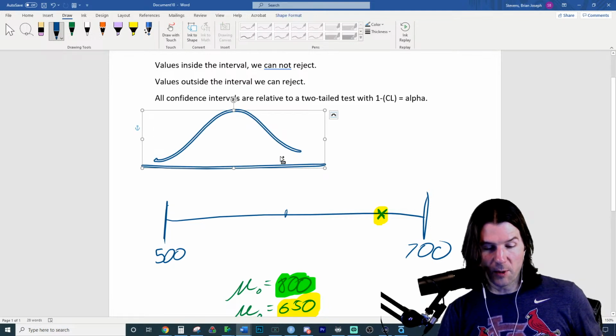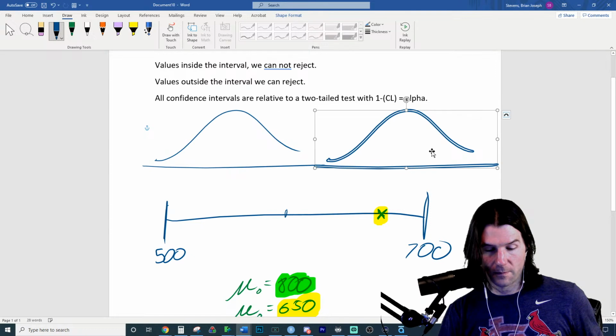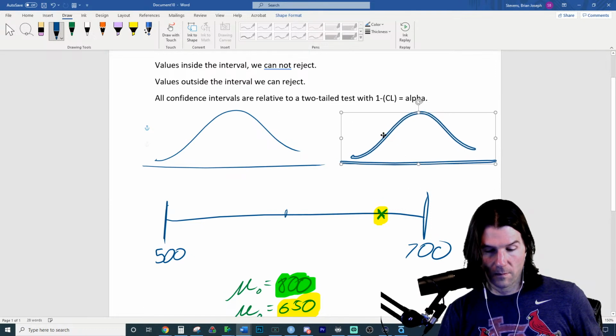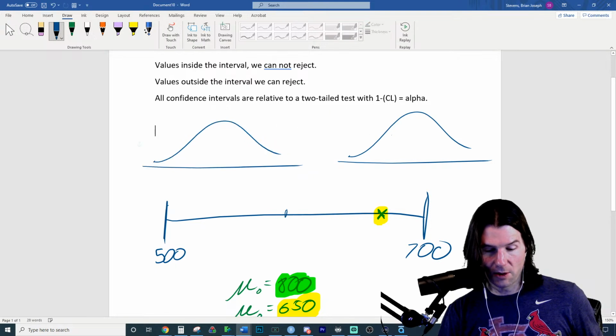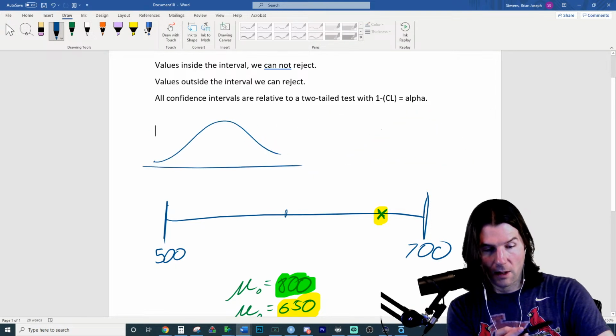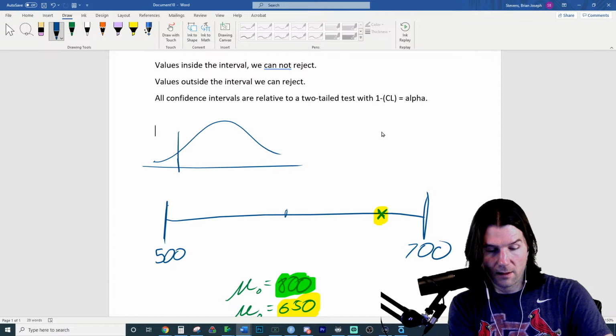So if this was a 95% confidence interval, I want you to think about 95% inside. What does that mean is total outside?